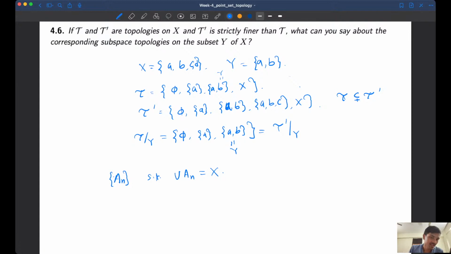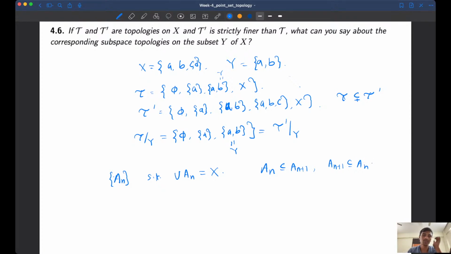Nested means either you have A_n contained in A_{n+1} or A_{n+1} contained in A_n. So in any case, the intersection of any two of them lies in that set itself.